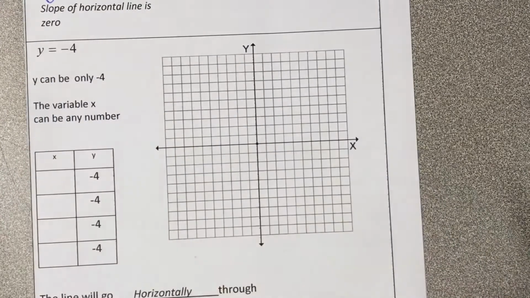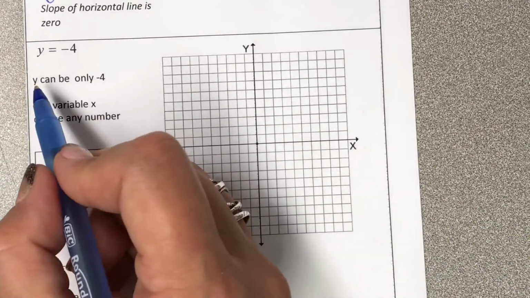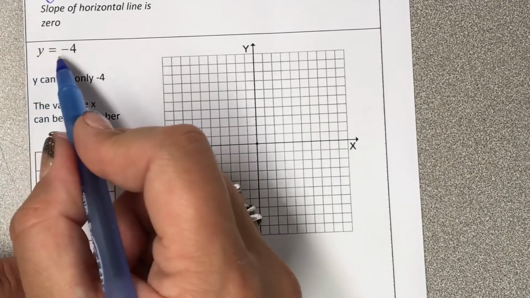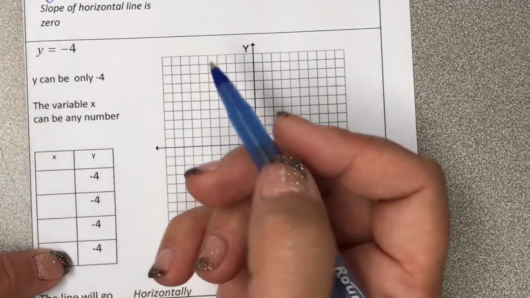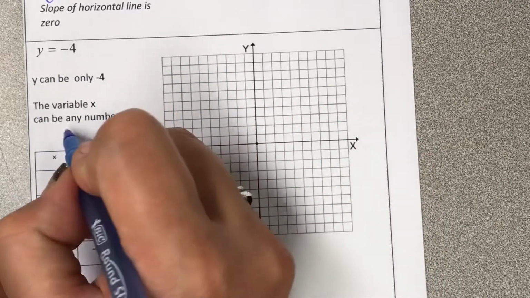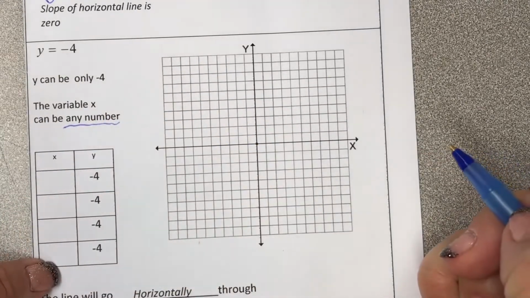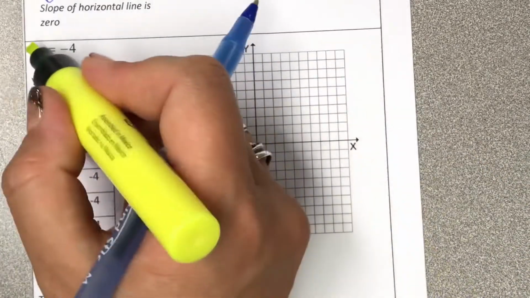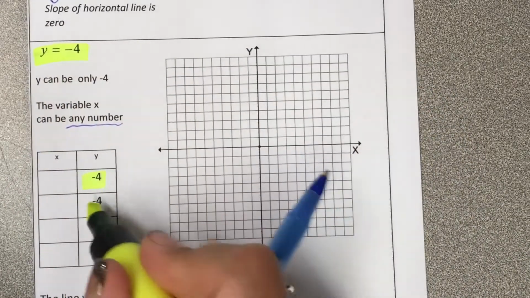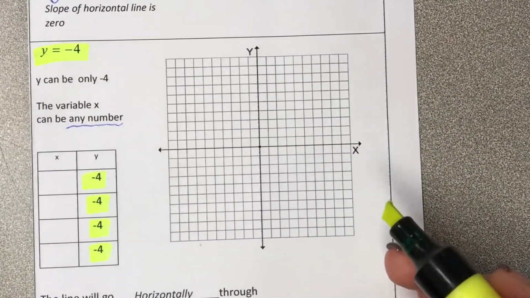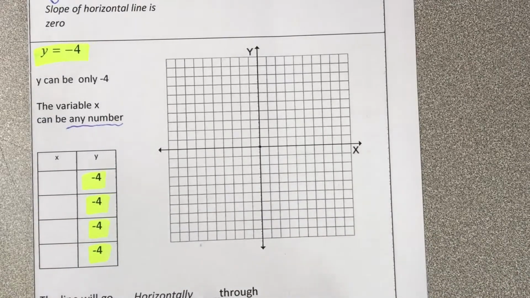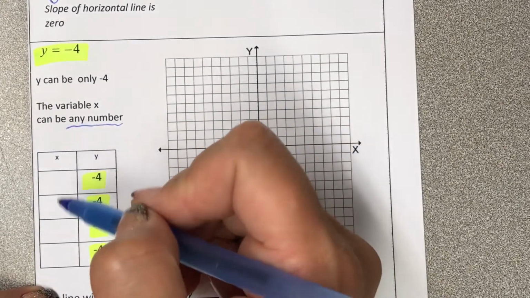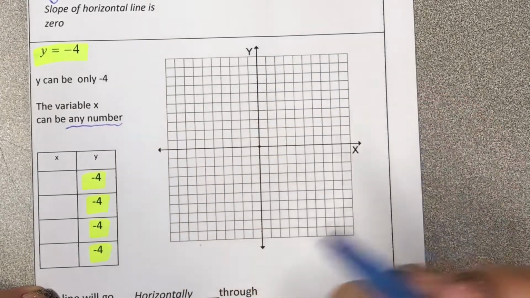For example, y equals -4. What this means is the y variable can be only -4, nothing else. Y equals -4, that's all. X can be any number. So if I think of a few ordered pairs, where y can only be -4 and x can be any number, I'll just come up with a few numbers.